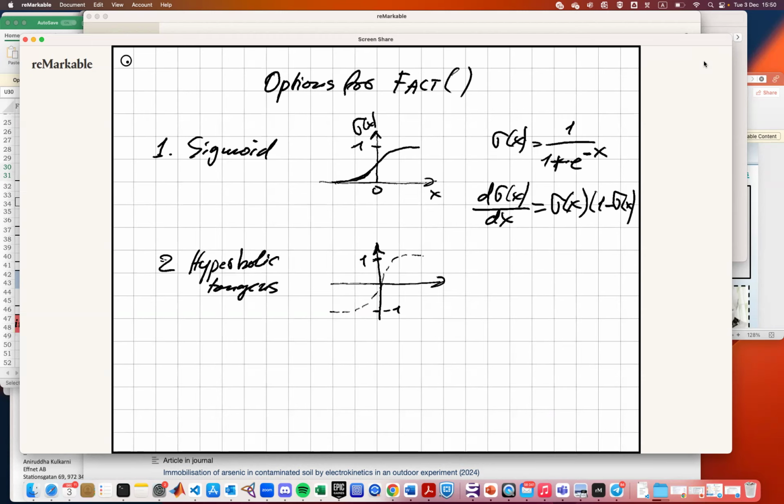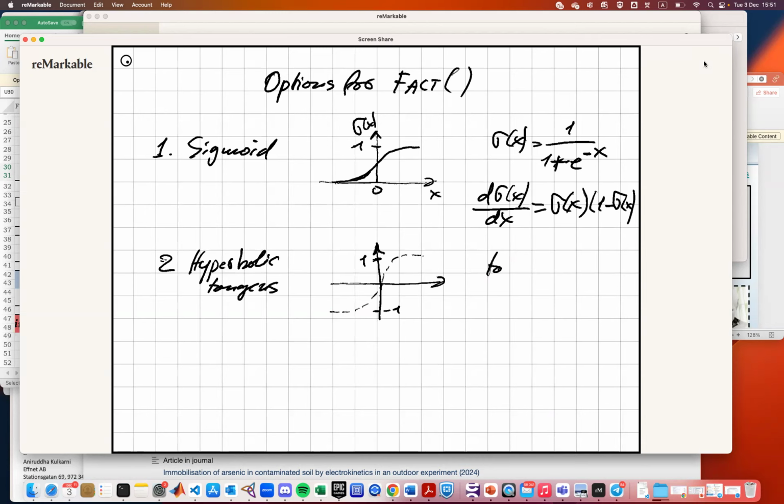So it looks like this. And it has the same property that you compute the derivative at the same time when you compute the activation function.